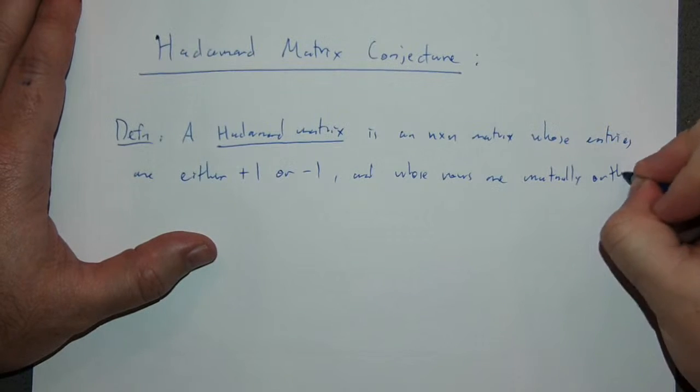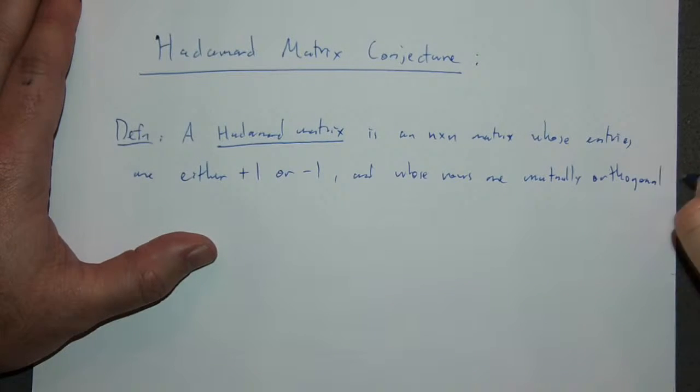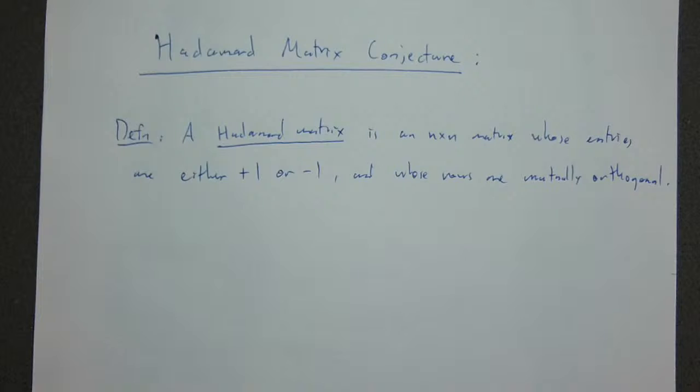Rows, not columns. Its rows are mutually orthogonal. Okay.